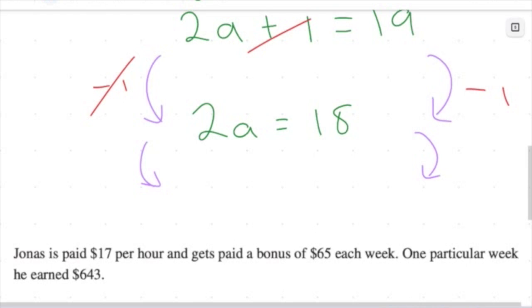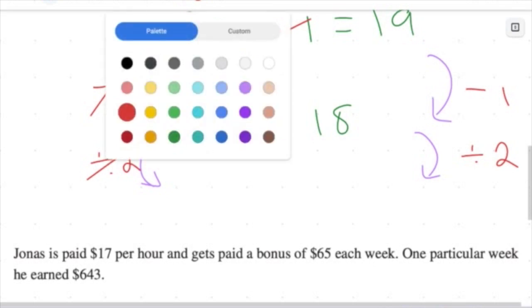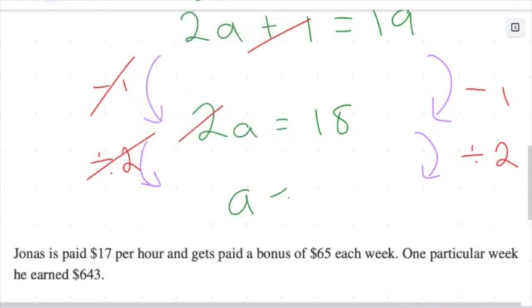We want to find what number multiplies by 2 to give me 18, which is the same as finding what 18 divided by 2 is. See, we're always doing the opposite operation. There's a multiplication implied up here. So we can divide through to leave us with just A. Now, I get A equals 9.